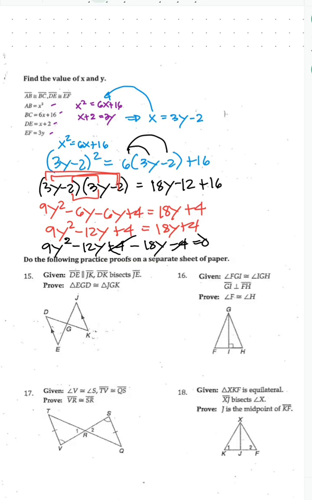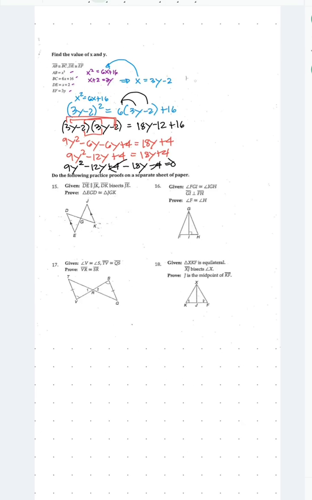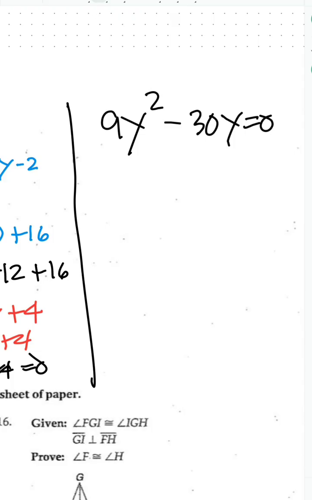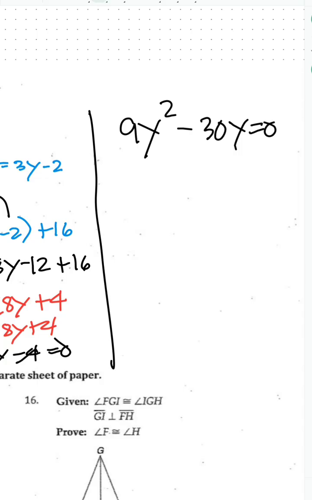So 4 cancels out, and we're left with 9y squared, 12 and 18, 30. 9y squared, and then we can factor out y, and this is y, and 9y minus 30 equals 0.